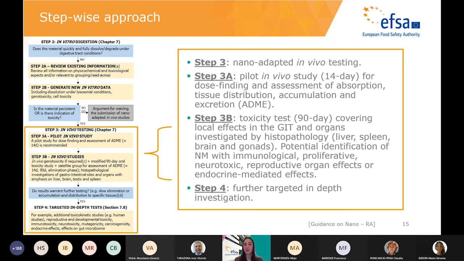This is the step in which nanomaterials with potential for immunological, proliferative, neurotoxic, reproductive organ effects, toxic effects, or endocrine-mediated effects are identified. If there is a concern and a need for further testing, step number 4, targeted in-depth tests with additional toxicokinetic studies, reproductive and developmental toxicity studies, and so on, should be performed.